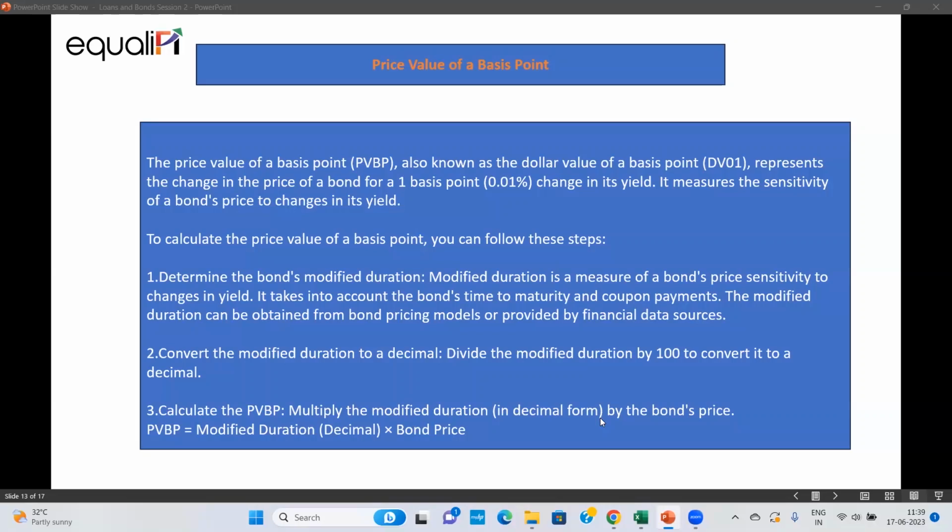It is PVBP, price value of a basis point. 6.7 to 7%. No. What is the PVBP? Normally you have seen. Modified is okay, understood. But what is the PVBP have you seen?